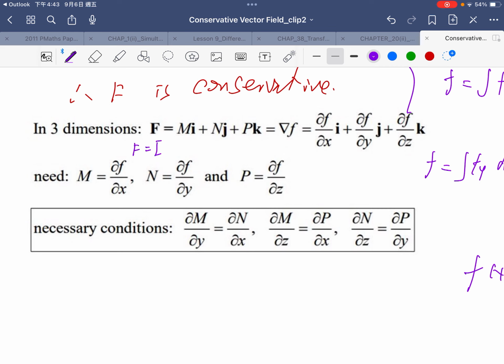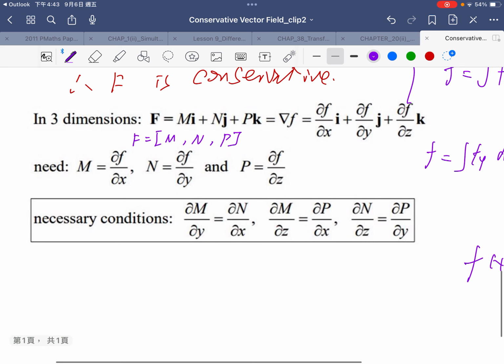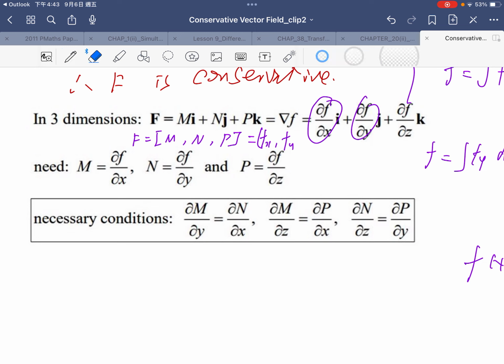Sometimes we may write it in this form; it is all the same. This is the first component, the second is Fy, and the third is Fz.